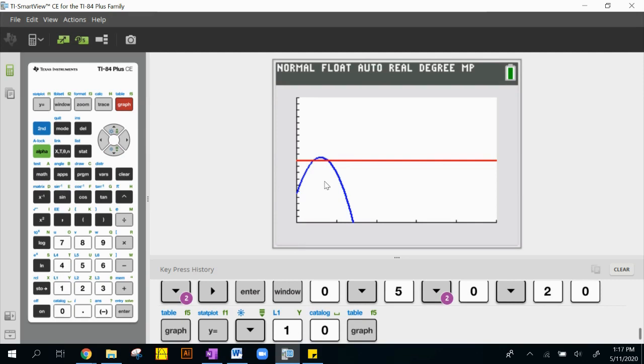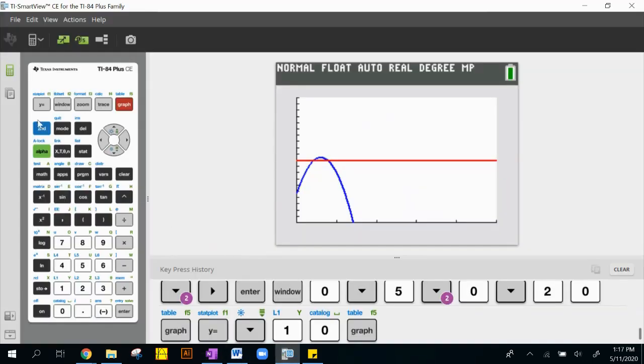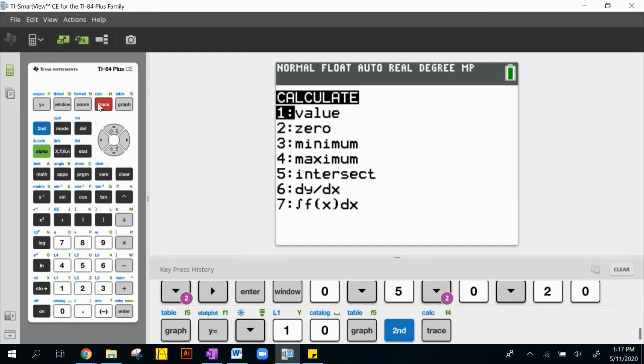Now this should kind of make sense, right? Because the ball is going to go up, hopefully over the 10-foot mark, and then down through the 10-foot mark. For us, it makes the most sense for her to get the ball in the second time the ball passes through that 10-foot mark. So let's find it. I'm going to use second, calculate, intersection.